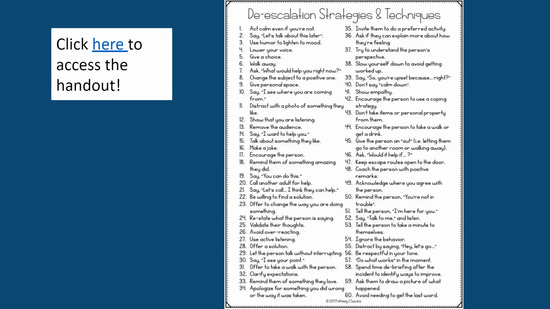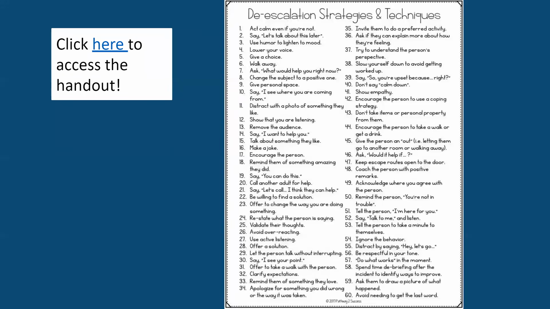Maybe they're not ready to discuss a challenging moment or incident yet, and so we need to give them more time in the de-escalation process before we ask them to reflect and discuss that.